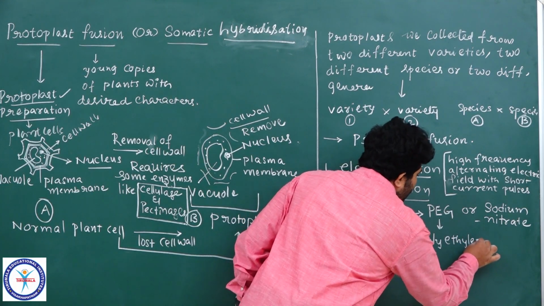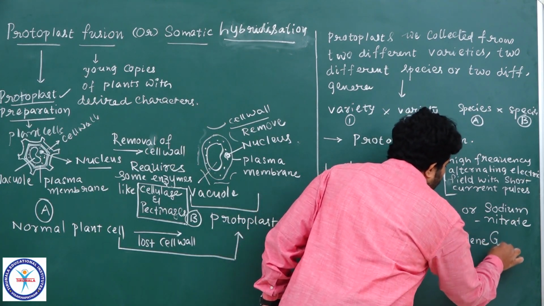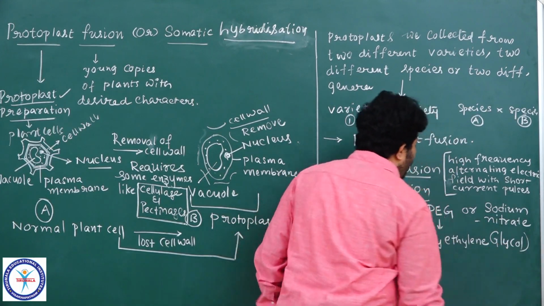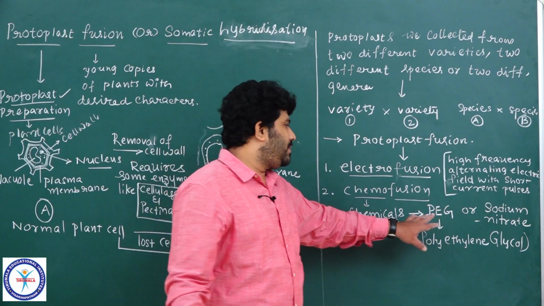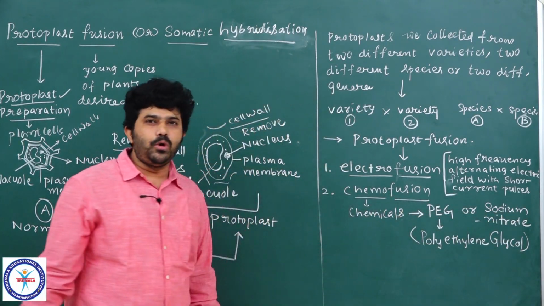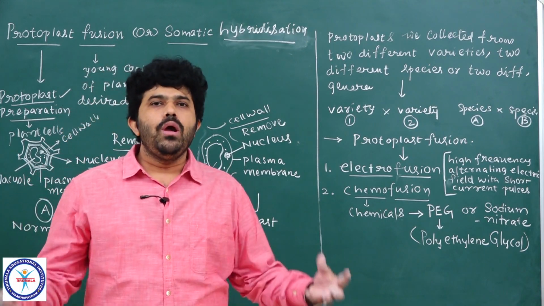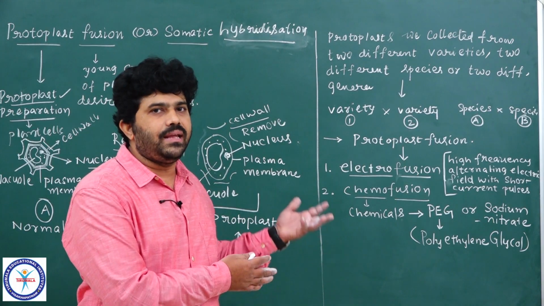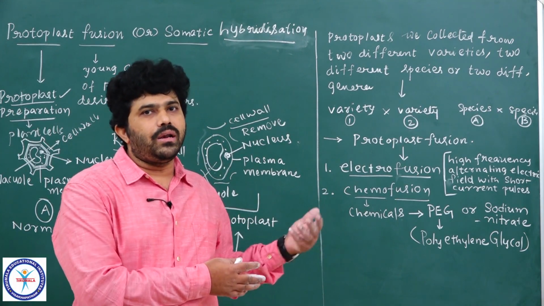Note down, students, polyethylene glycol. Its short form is PEG. Either PEG or sodium nitrate we are using to fuse two different protoplasts. Understood?